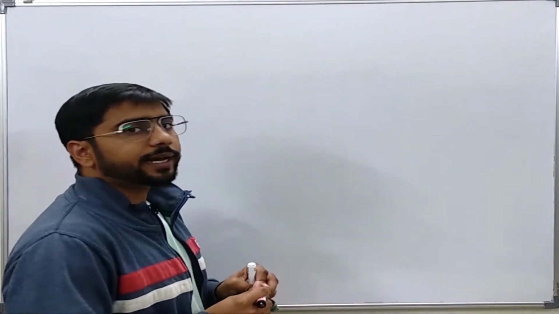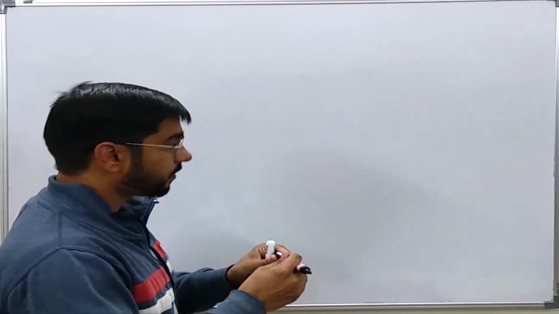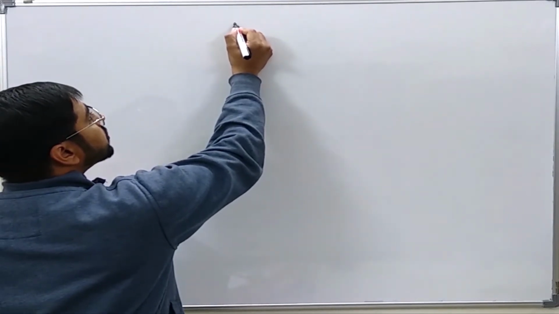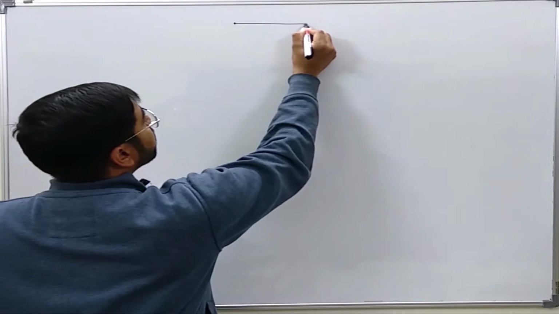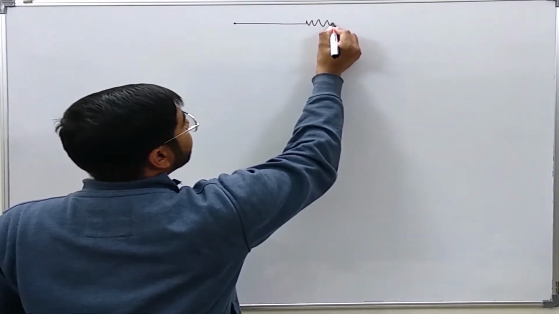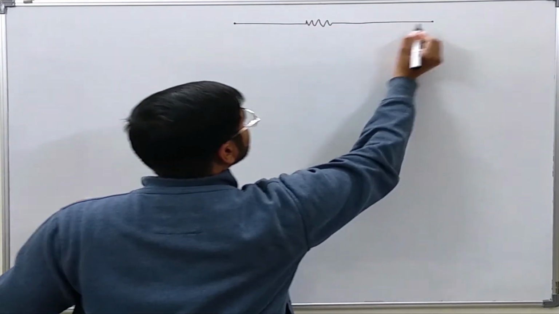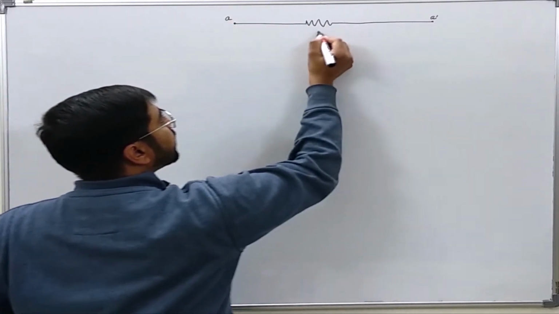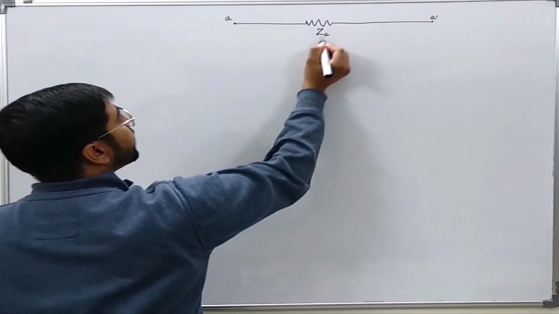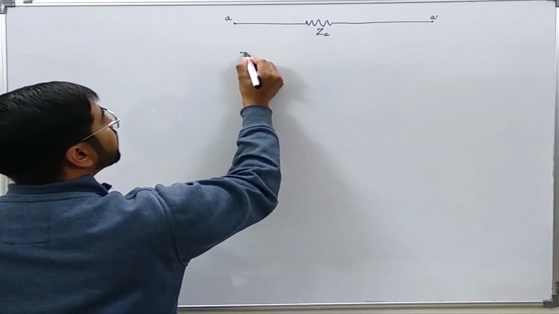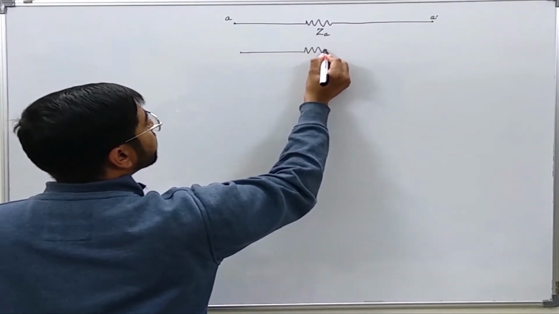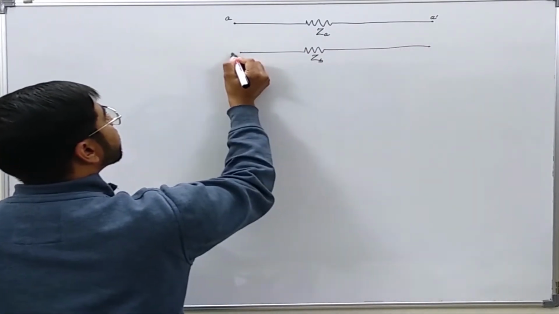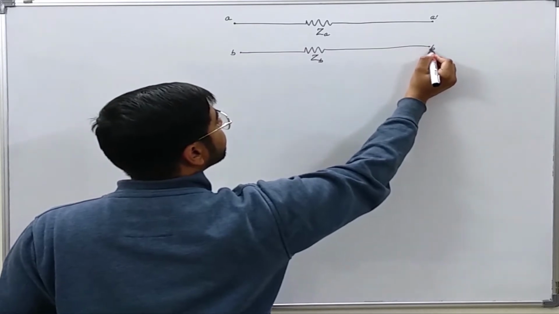Now, I am going to take a very general case. Let us say we have a series impedance load. This is point A dash. Let us say this impedance is ZA. Similarly, another load in phase B, let us say it is ZB, B dash.